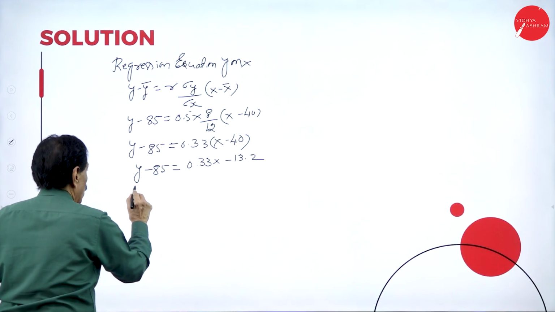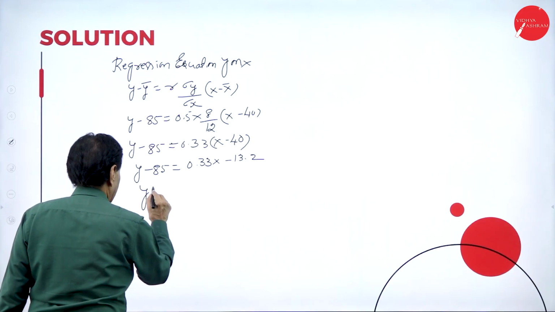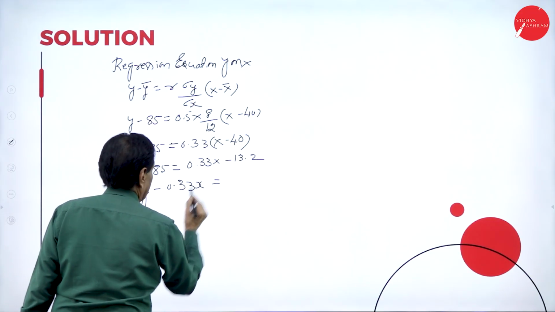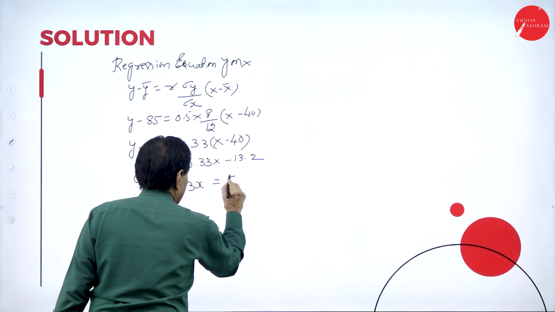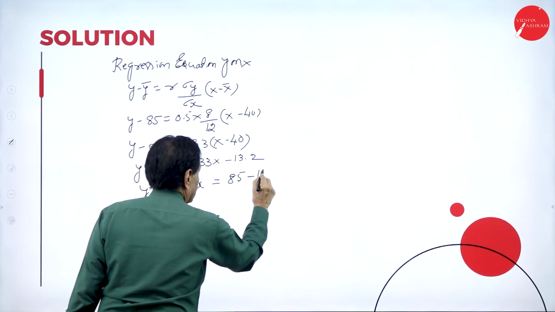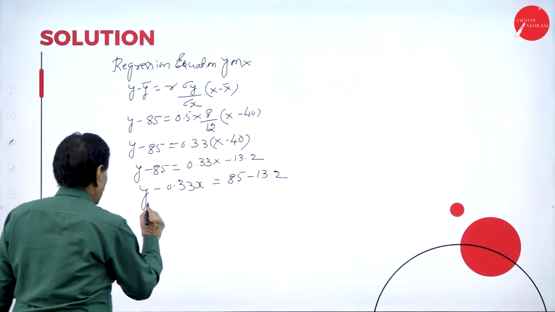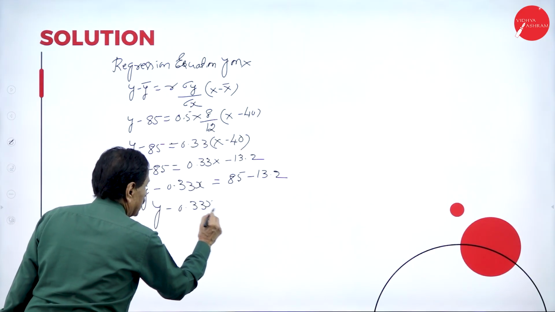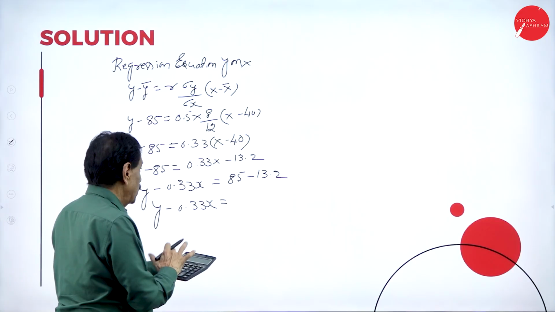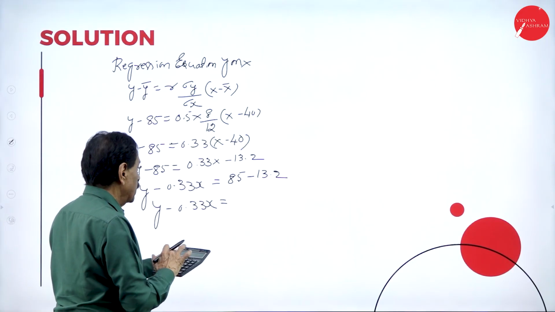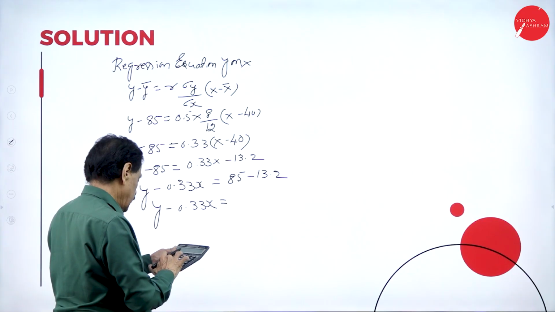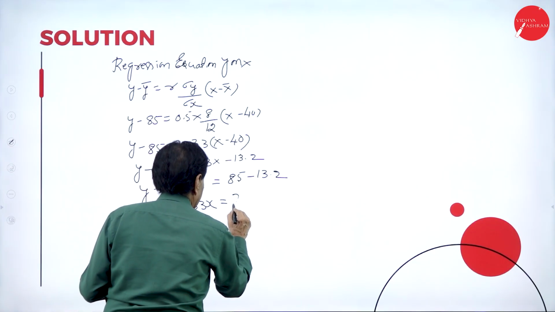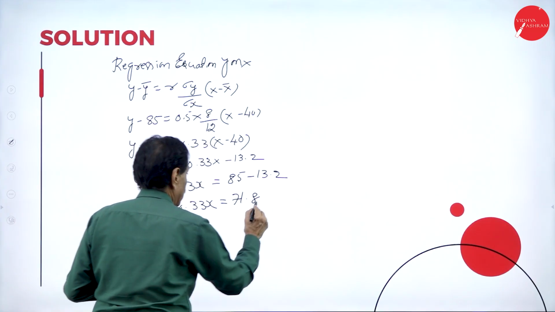Take the number here: y minus 0.33x is equal to 85 minus 13.2, which is 71.8. This is the equation.